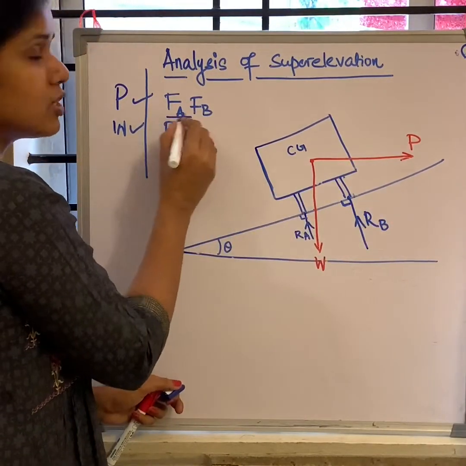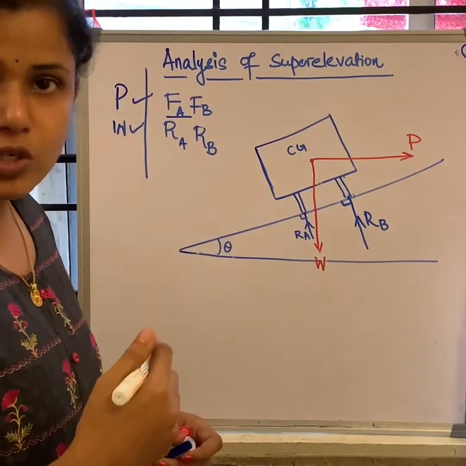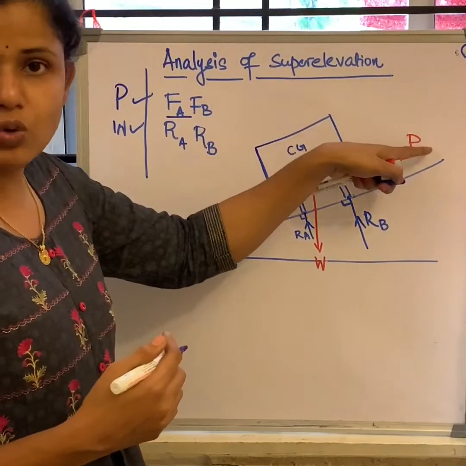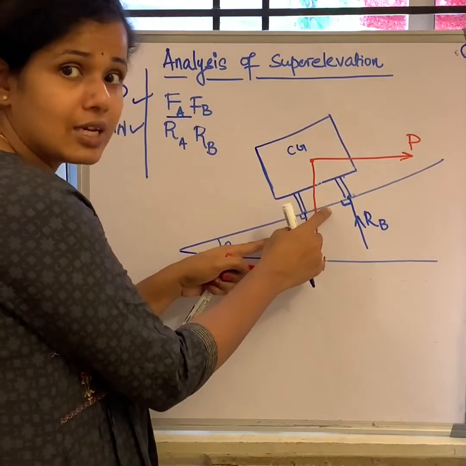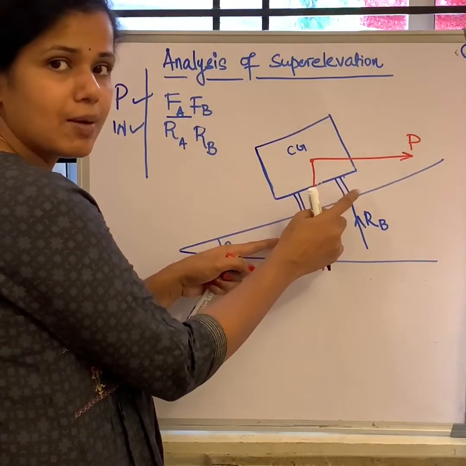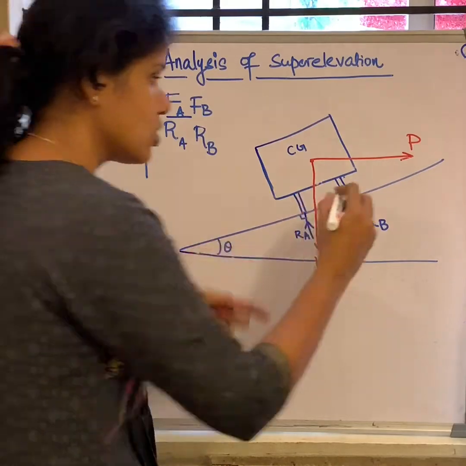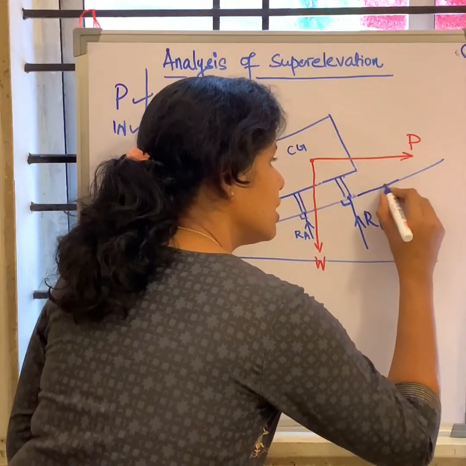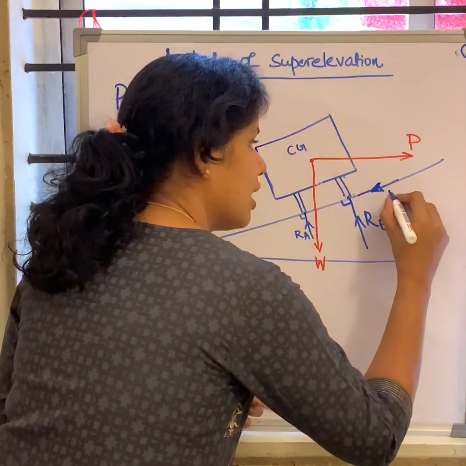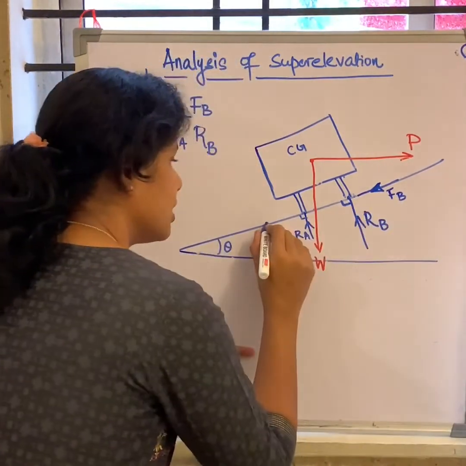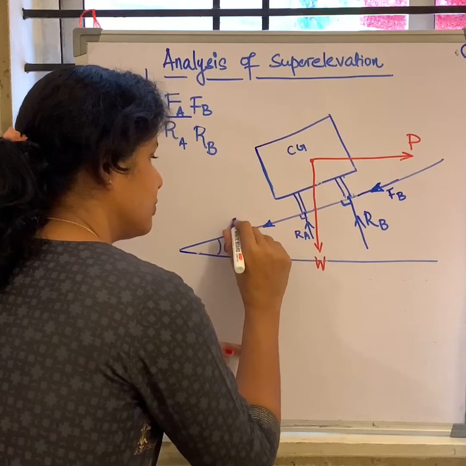Now next is friction. Friction is always opposing the motion. So centrifugal force is outwards, opposing to it is friction. But that is acting on the inclined surface because here is the rubbing action between tire and pavement surface. So friction along the inclined surface opposite to the direction of your motion, FB, similarly FA.